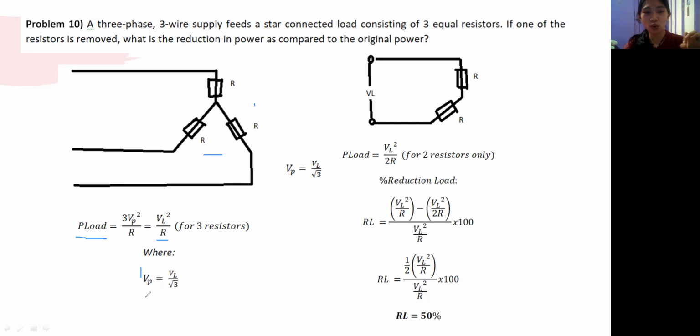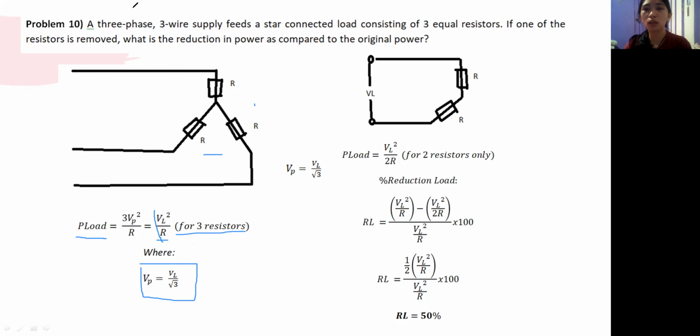We just have to note that Vp is equal to VL over square root of 3. If you substitute it, we get the equation for the power in the load, which is equal to VL squared over R. So it is for the three resistors.